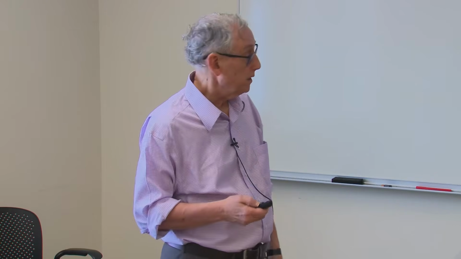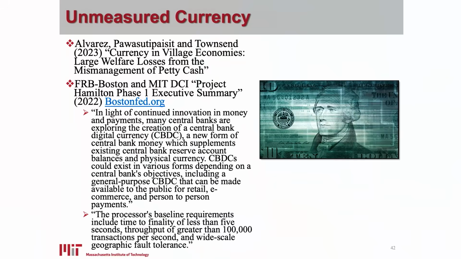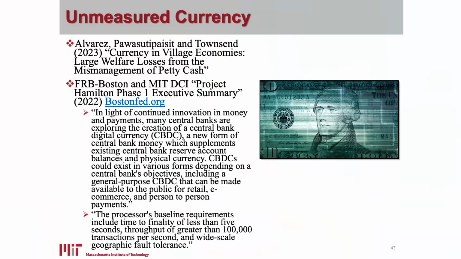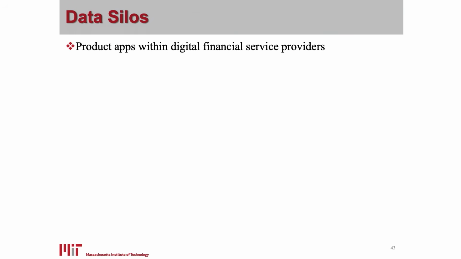And there's a new version that does, but it wasn't their first inclination. So then we have the problem of unmeasured currency, and we're back to earlier discussions. Do we want to just have an electronic version of the cash, or do we want more capabilities with potential trade-offs? And then a slide here on data silos.